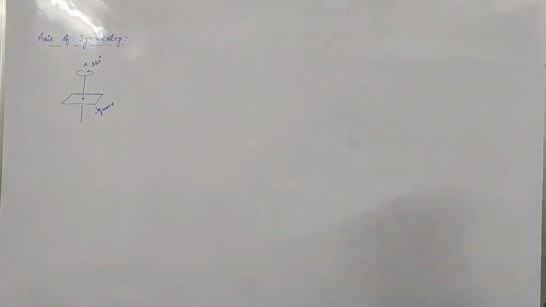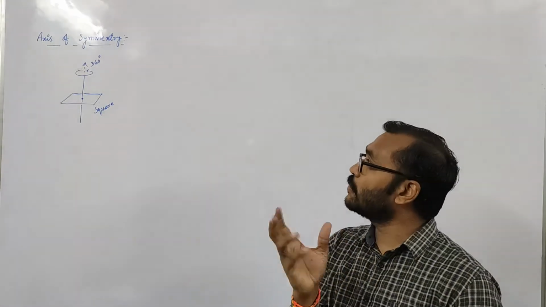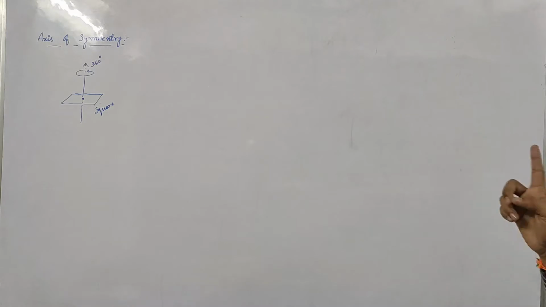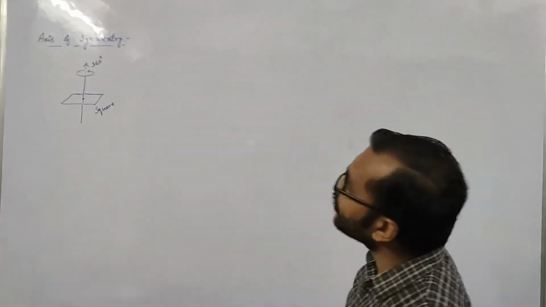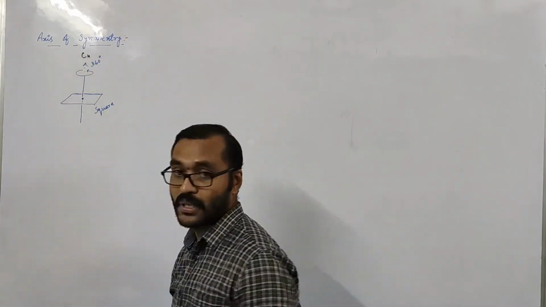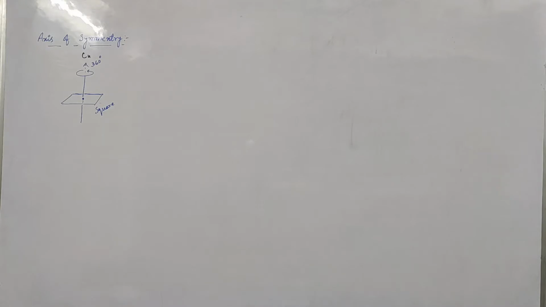We passed an imaginary line through the square and rotated it 360 degrees. How many times does a square-like geometry appear? 4 times, once for every 90 degrees. So we call this a C4 axis of symmetry. We say that the square has a C4 axis of symmetry.